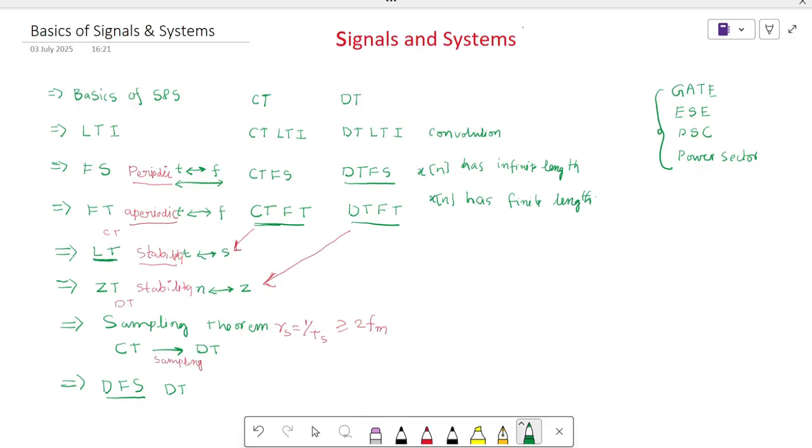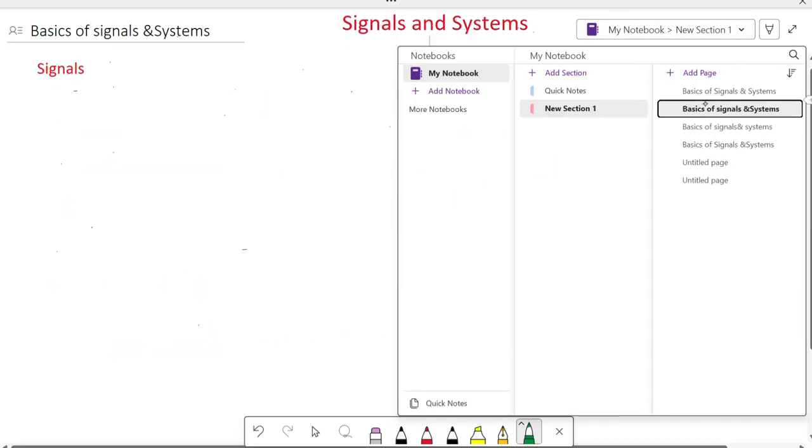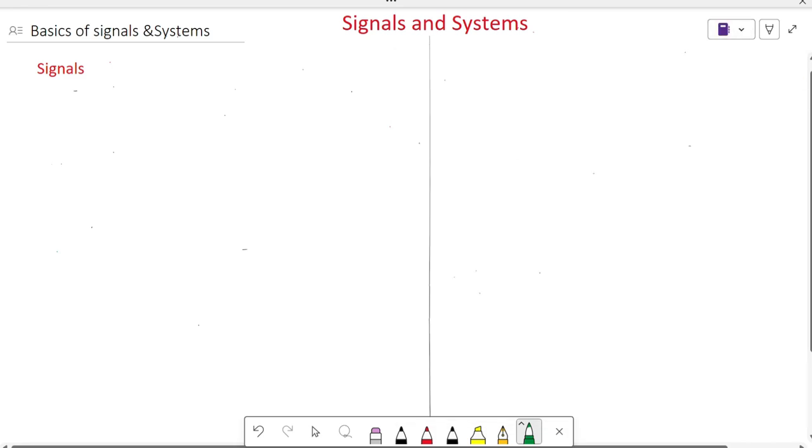Now we are entering into the subject. In the first chapter, the basics of signals and systems. First of all, signals. What is a signal?